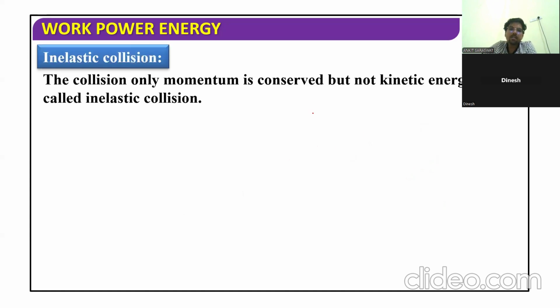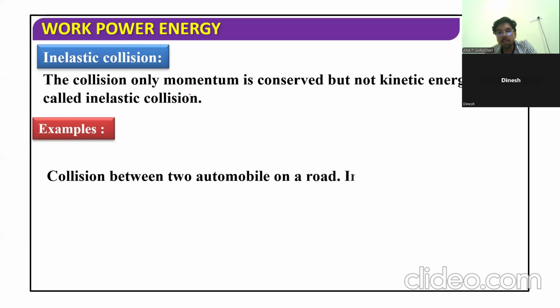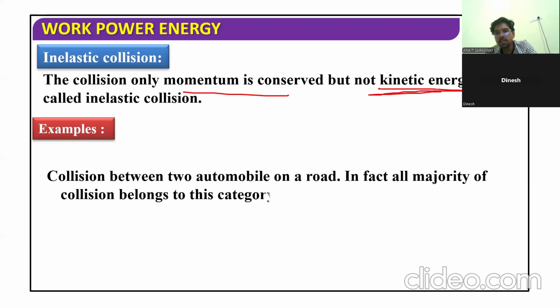Next is inelastic collision. Inelastic means there is only conservation of momentum. There is no conservation of kinetic energy. Clear? If you take a ball, after collision it reaches only up to this height.